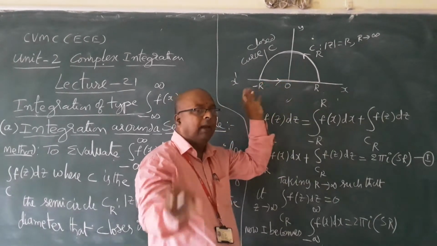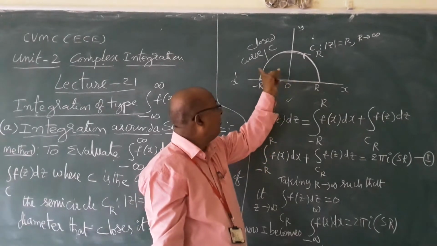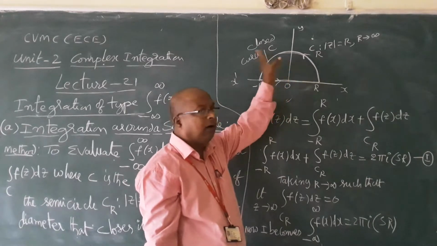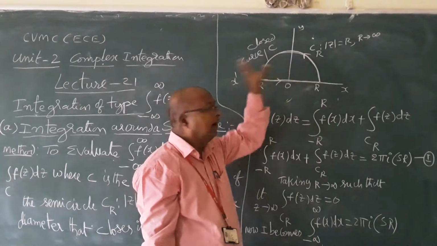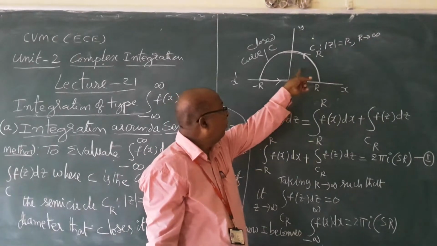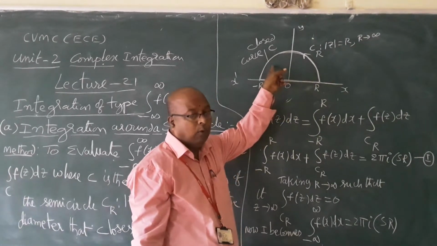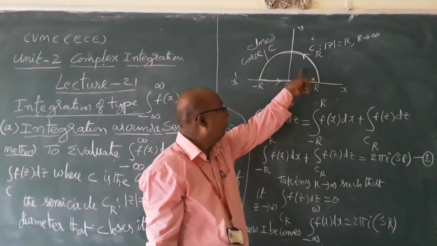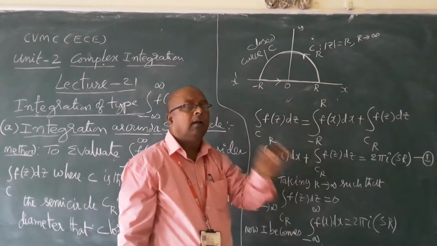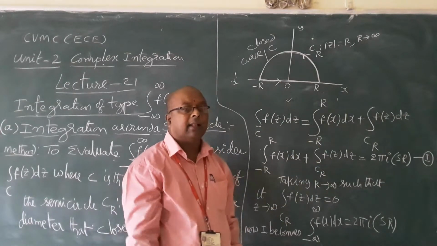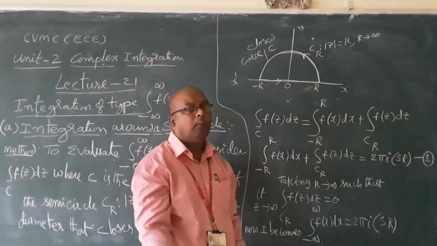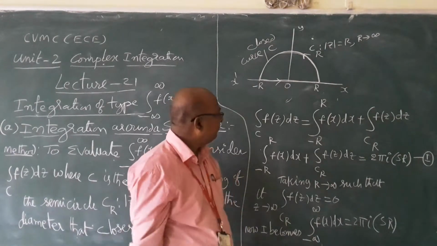Do it as you like, but take the poles that lie inside the semicircle, and we have to calculate the residues at those poles.